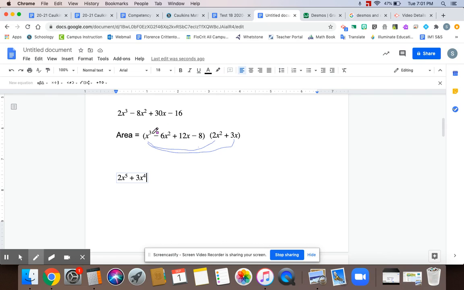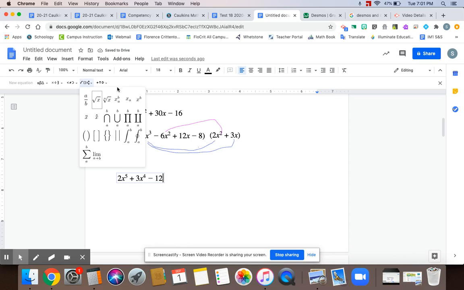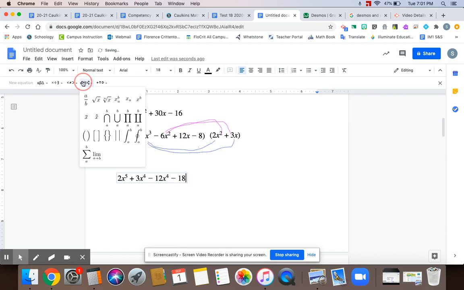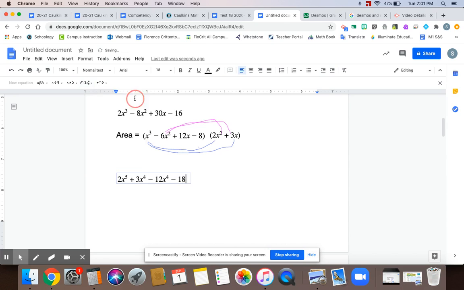I'm going to take the negative 6x squared and times it to positive 2x squared to get negative 12x to the power of 4, and negative 6x squared times positive 3x, negative 18x to the power of 3.